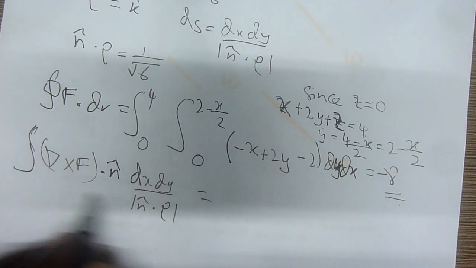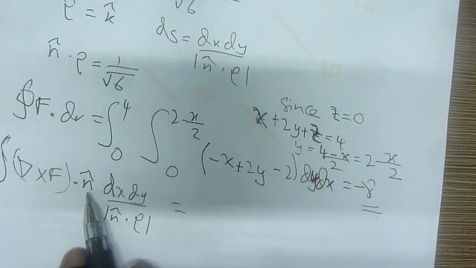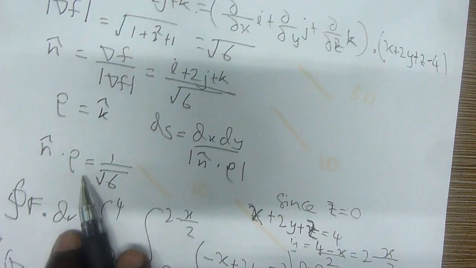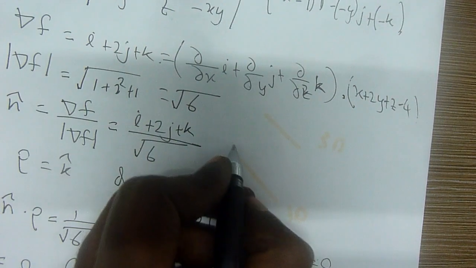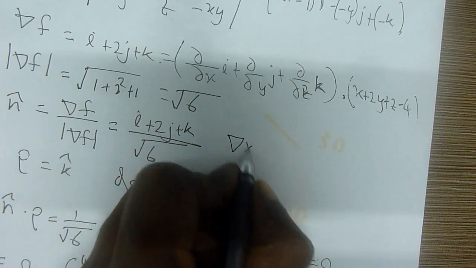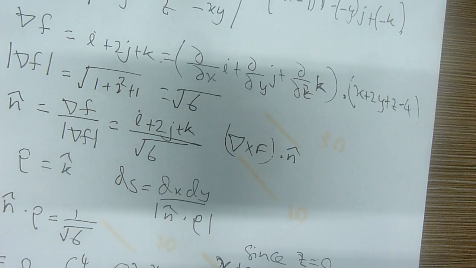When we substitute this overall inside, curl f times n, what do you get?